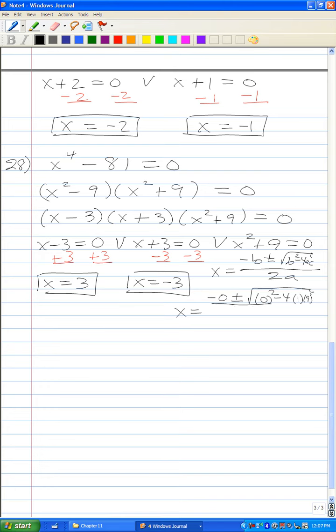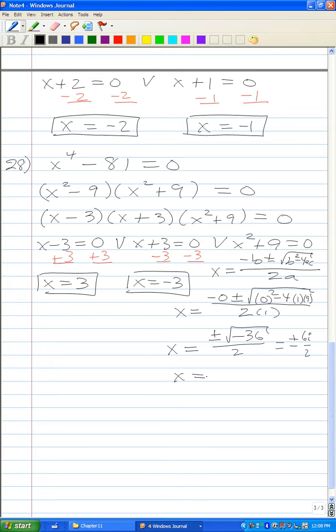all over 2a. So I get x is equal to 0 plus or minus the square root of 0 minus 36, which is negative 36, over 2, which is equal to 6i over 2.